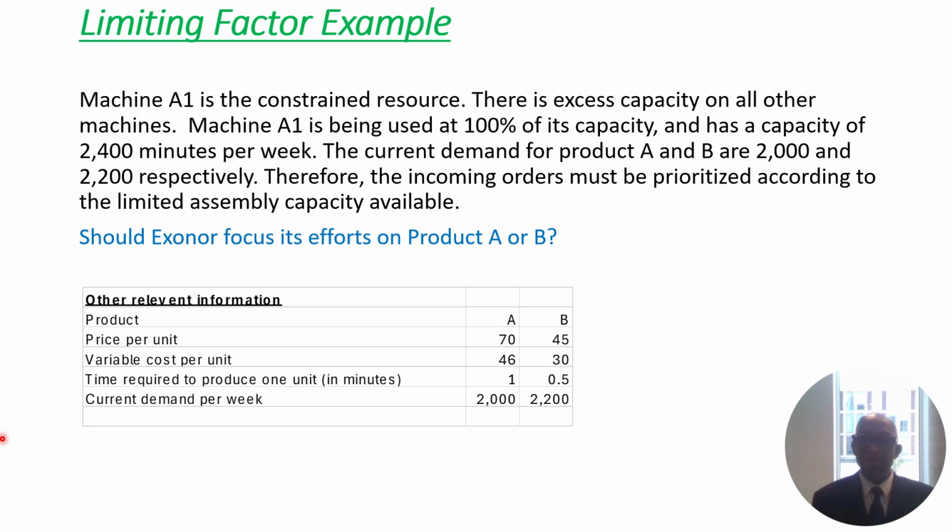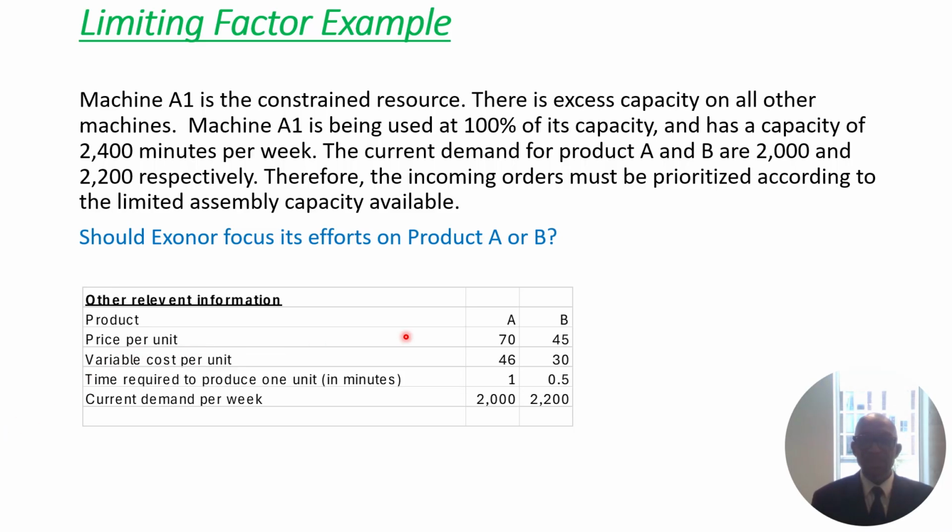The current demands for product A and B are 2,000 and 2,200 respectively. Therefore, the incoming orders must be prioritized according to the limited assembly capacity available. Now, should we focus our effort on product A or product B? Below are the data to help us with this example.